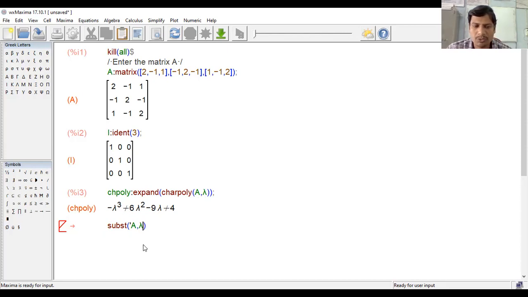Substitute SUBST, then bracket of A comma lambda comma, then the characteristic polynomial CHARPOLY. Then semicolon. You press shift enter.